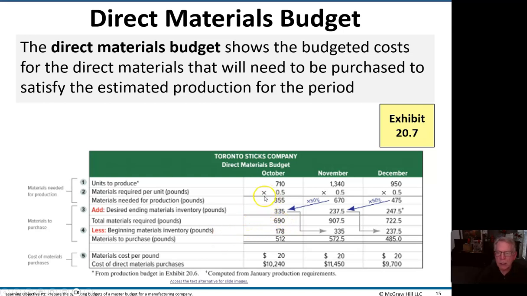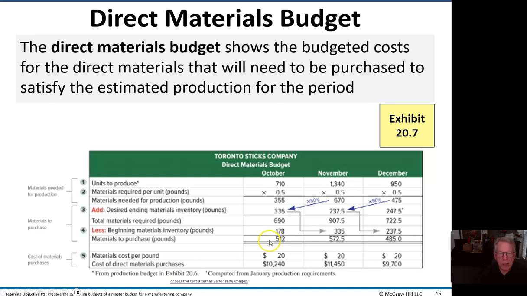We add that to the materials needed for production, and that gives us the total materials required in pounds. We already have beginning materials of 178 pounds in October, and that gives us the number of pounds we need to purchase.